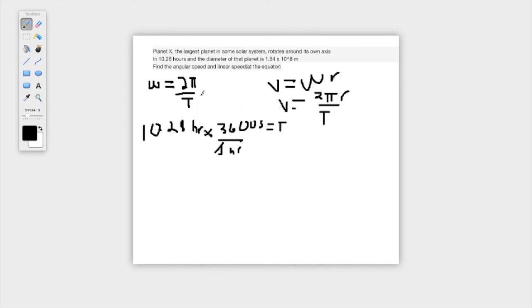When you plug that into angular speed, that will give you about 0.00017 radians per second.